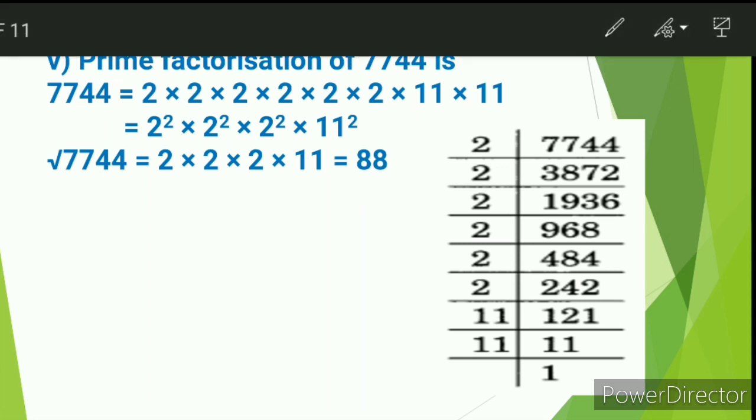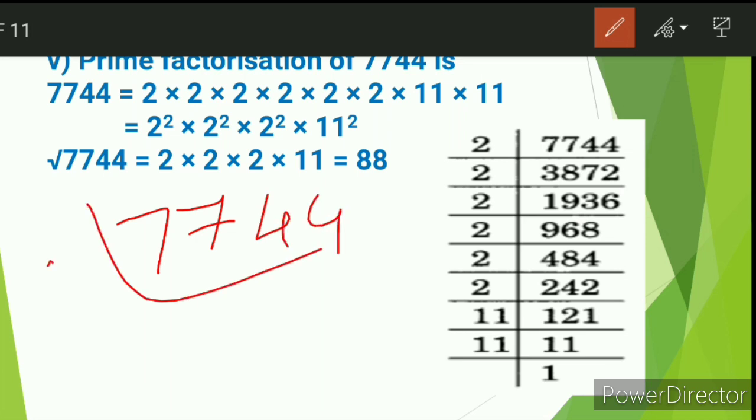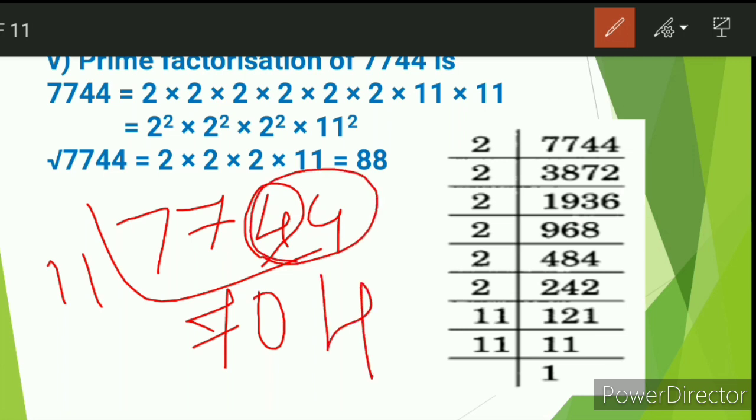7744. See children, 7744 is divisible by 11 also. 7 divided by 11, we can't divide, so in that case put 0 and take 2 digits, 77, 7 times. When you start with 11, this step you should be very careful.